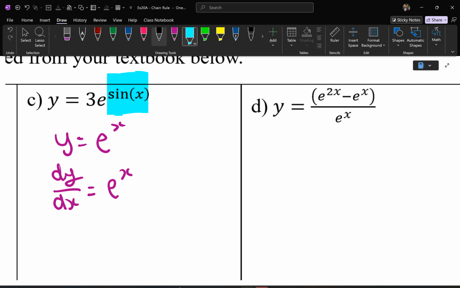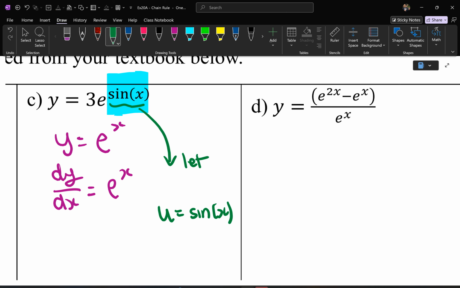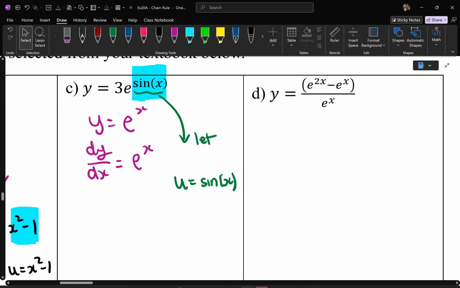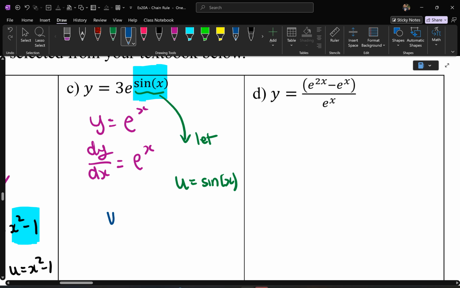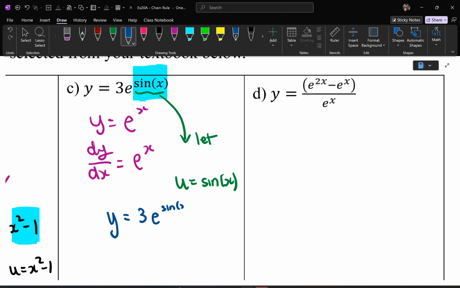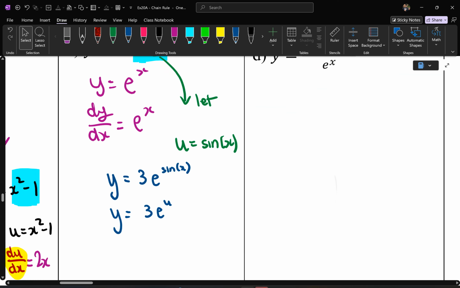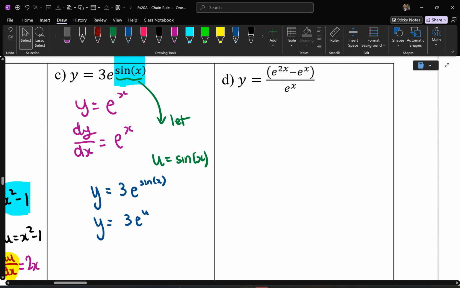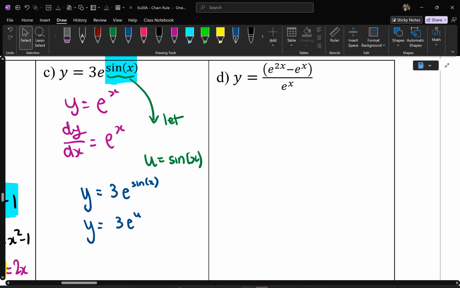So what you do is you then do exactly the same. Let u equal sine of x. If you do that, it changes the equation to y equals, instead of 3e to the sine of x, it now becomes y equals 3e to the u. That's a key step there. That's chain rule. Can you see that?